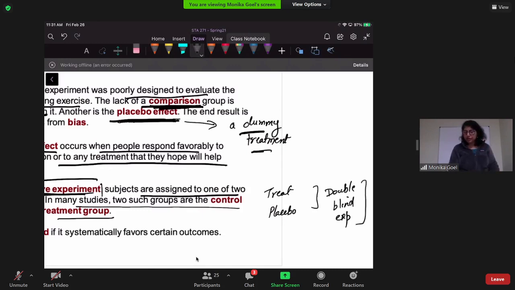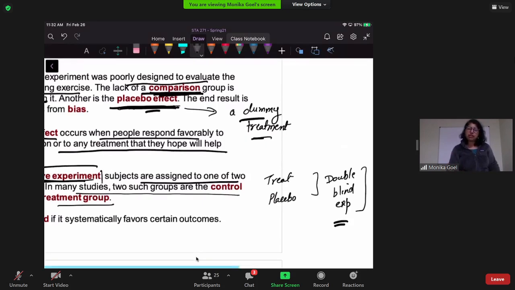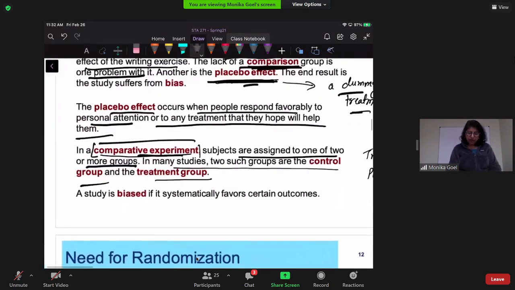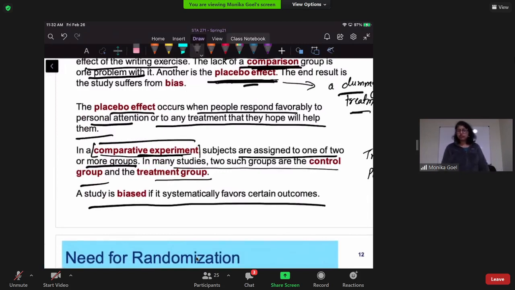So if the researchers, or the person who is in contact with the subjects, don't know if they are giving the placebo or the treatment, then that experiment is called a double blind experiment. And a placebo-only design you can think of as a single blind experiment, because the subjects do not know, but the people in contact with them know who is getting the treatment and who is getting the placebo. A study is biased if it systematically favors certain outcomes. And again, our whole goal is to not have bias in our sample.